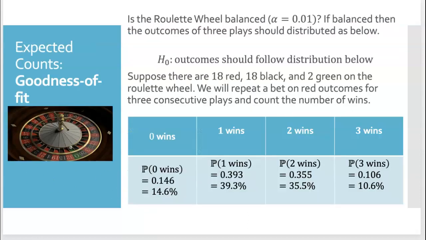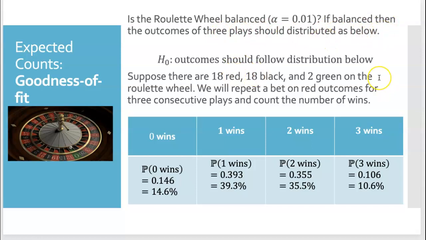So we revisit this example with the roulette wheel. Is the roulette wheel balanced? We want to test this at alpha equal to 0.01. What we're saying is that if balanced, then the outcomes of 3 plays should be distributed as below. What does that mean?